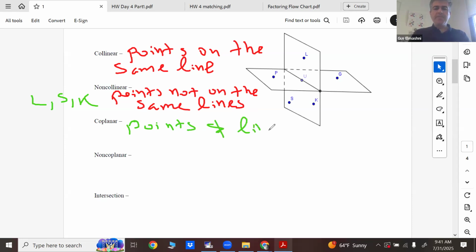Points and lines on the same plane. And of course, not on the same plane is non-coplanar.